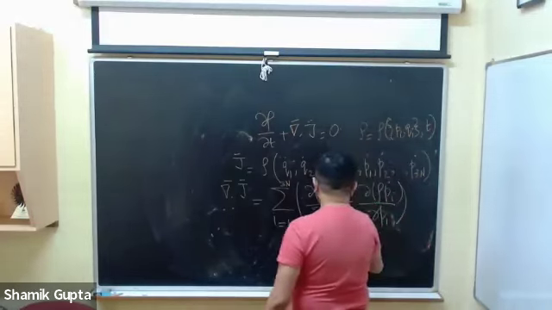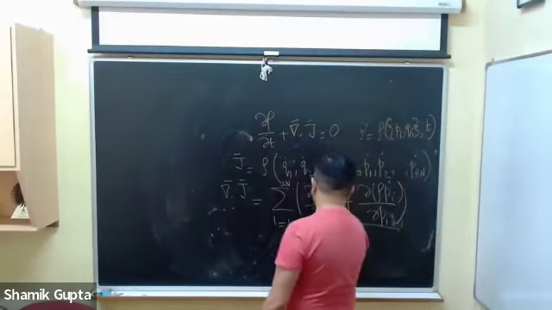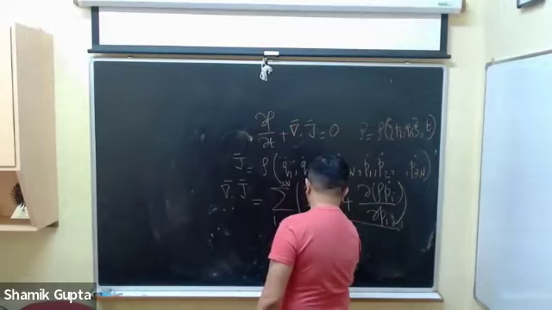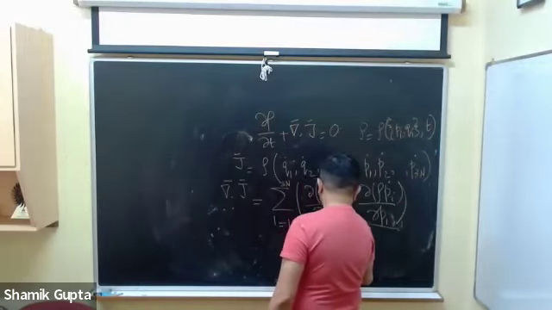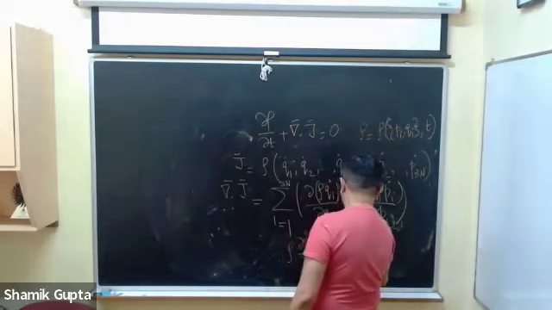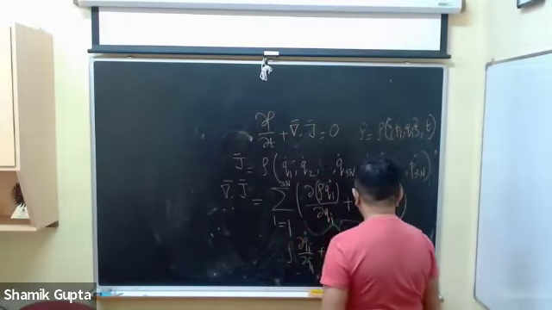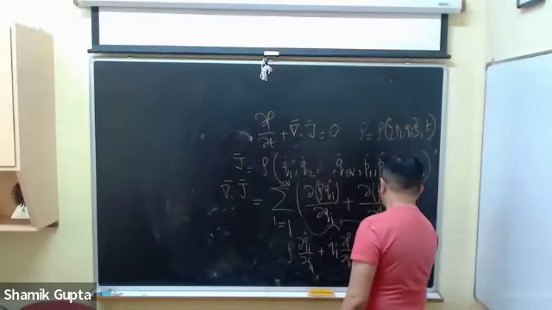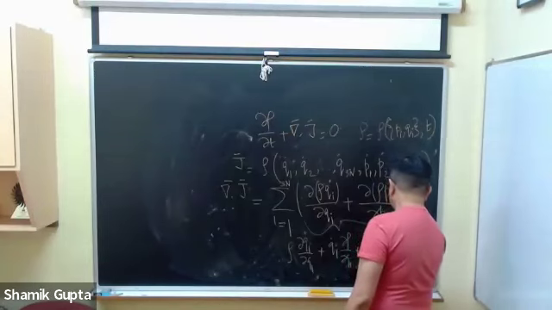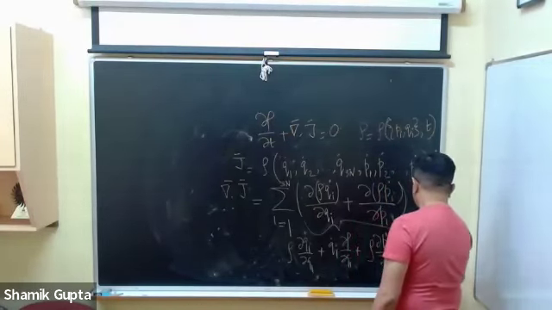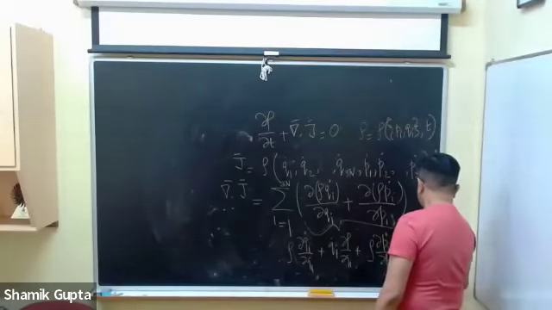But if I now expand out the bracketed quantity here, I will get four terms. I will get rho del q_i dot del q_i plus q_i dot del rho del q_i, plus rho times del p_i dot del p_i plus p_i dot del rho del p_i.